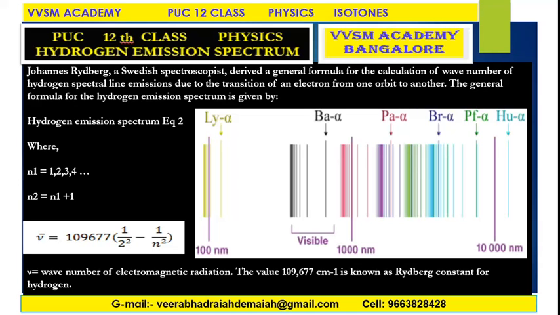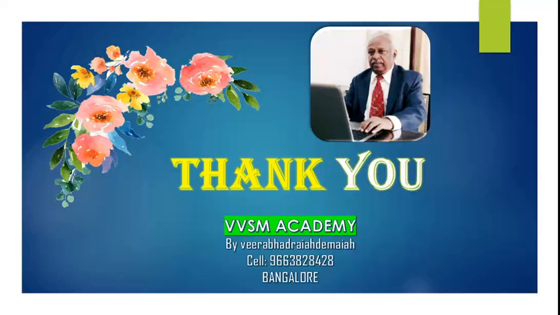The general formula for the hydrogen emission spectrum is nu is equal to 109677 multiplied by (1/2² minus 1/n²), where R is the Rydberg constant. This is the spectrum of the Lyman, Balmer, Paschen and Pfund series respectively, my dear friends.